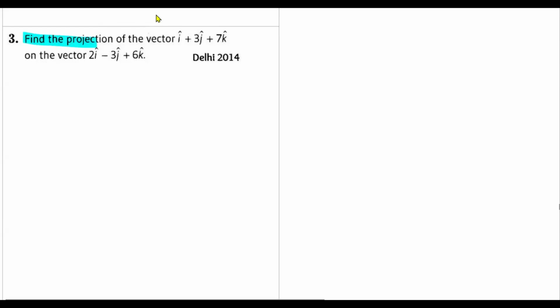Now in this question, it says the projection of this vector on this vector.